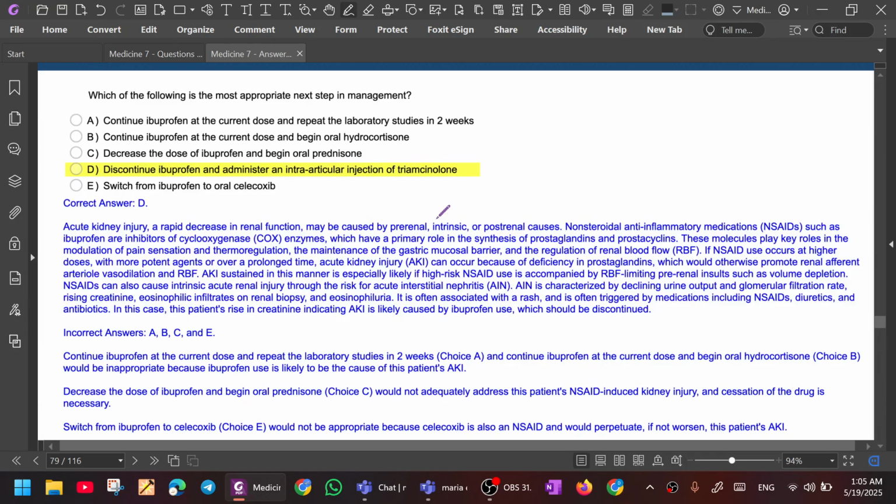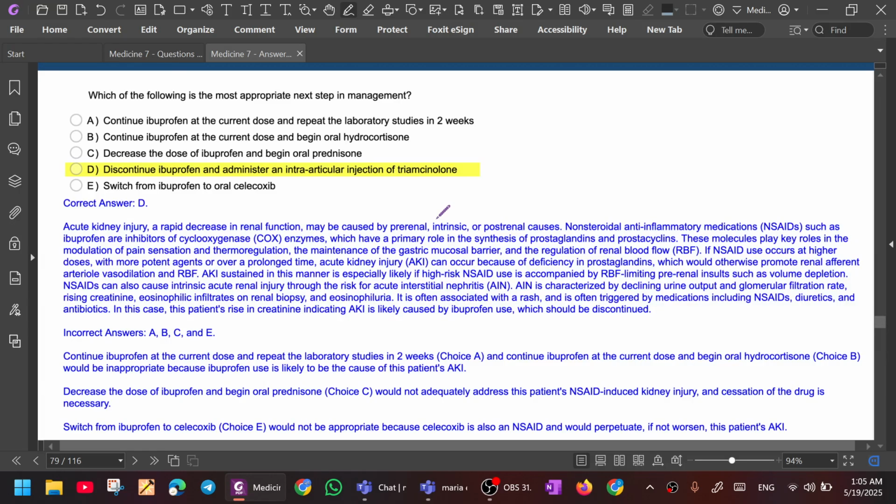AKI sustained in this manner is especially likely if high-risk NSAID use is accompanied by renal blood flow limiting pre-renal insult, such as volume depletion. NSAIDs can also cause intrinsic acute renal injury through the risk for acute interstitial nephritis.